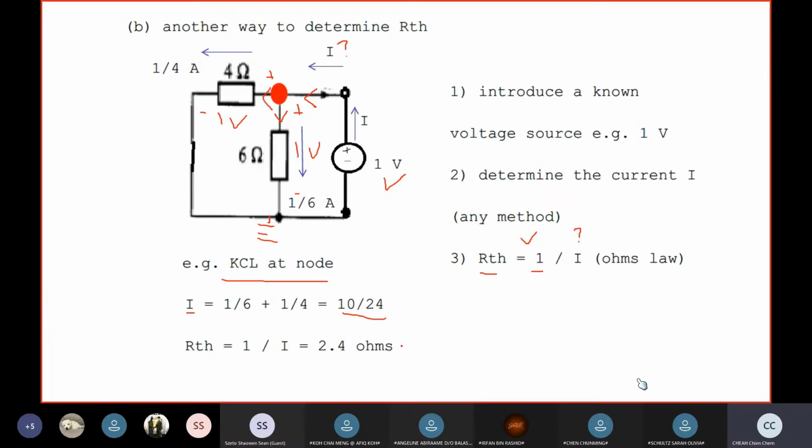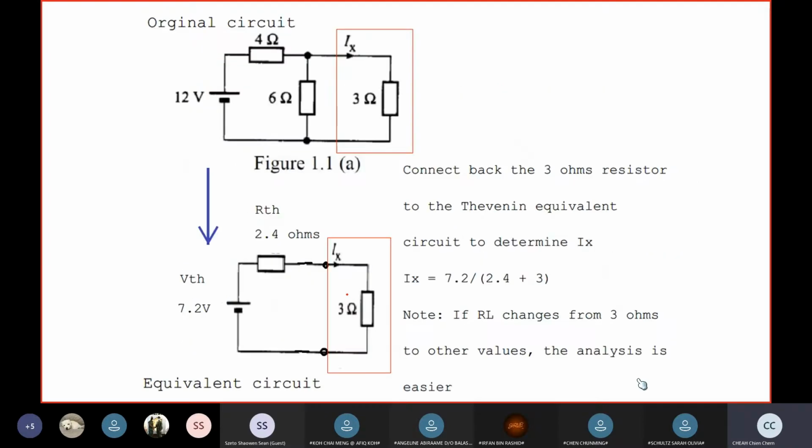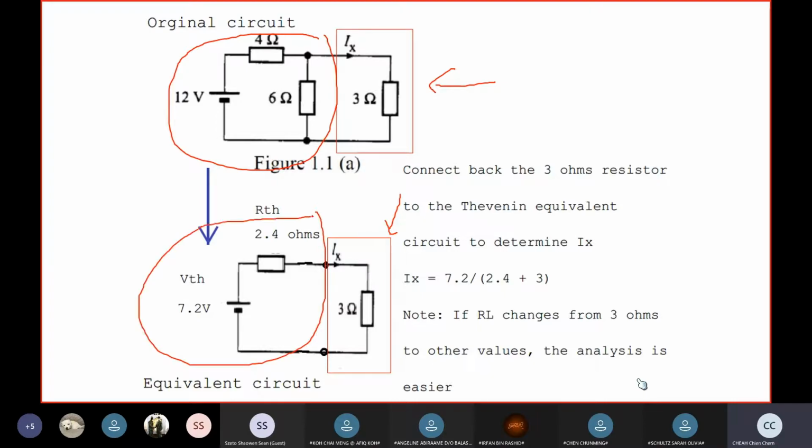It is useful if there's a dependent source. After that, you can put back your load to the equivalent circuit, because we have simplified everything on the left to this equivalent circuit. This is useful if you need to change the load quite frequently.